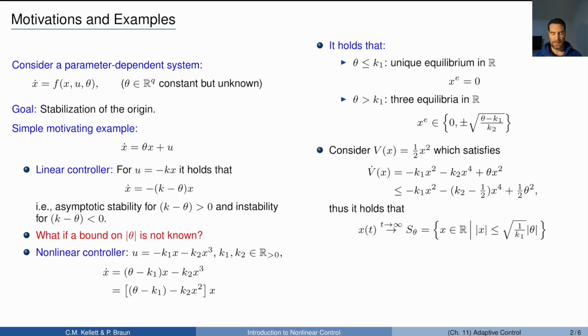To analyze the stability properties of the origin now, we can consider this Lyapunov-like function, or candidate Lyapunov function, V of x is equal to 1 over 2 x squared. We can calculate the derivative along solutions, and we end up with this inequality, where we have these two good terms which are negative, but then we also have this additional positive term theta squared.